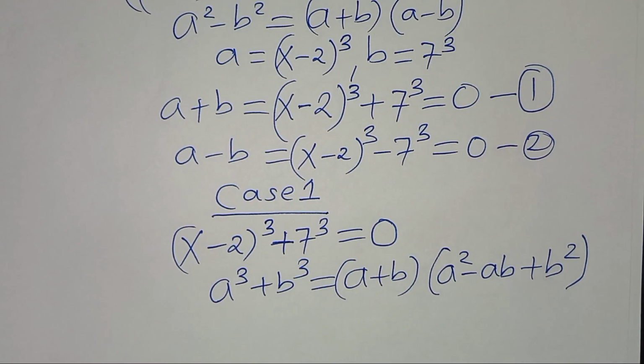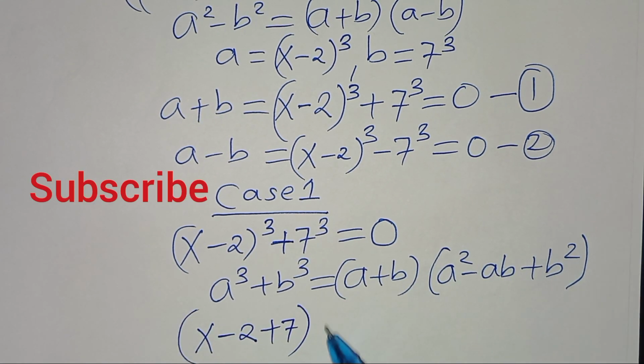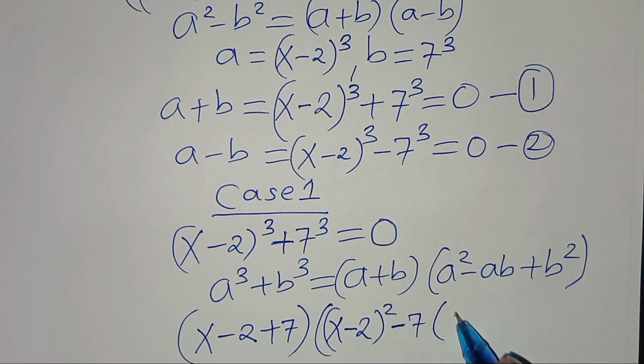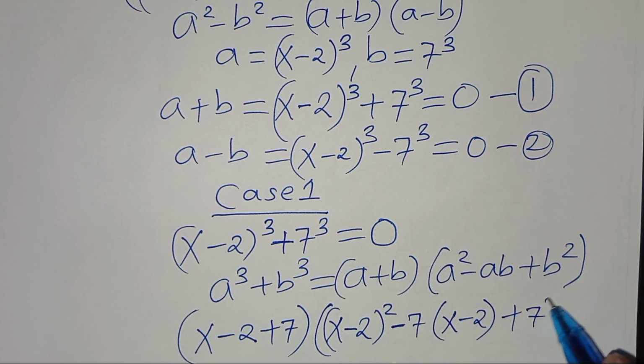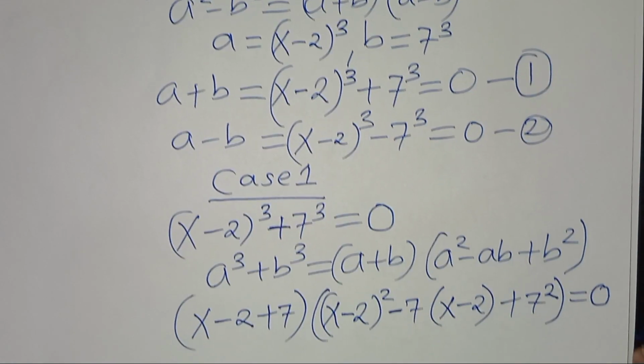So applying this identity, we'll have (x − 2 + 7) times ((x − 2)^2 − 7(x − 2) + 7^2), all this is equal to 0.